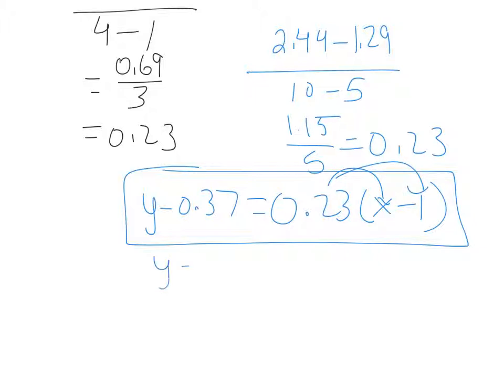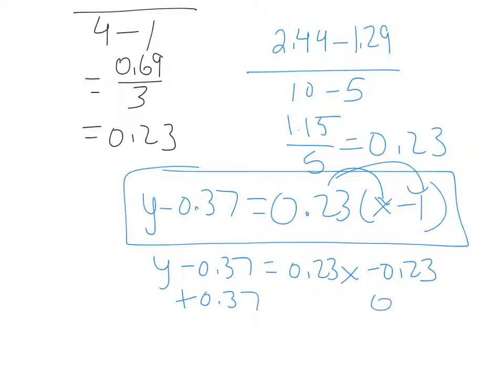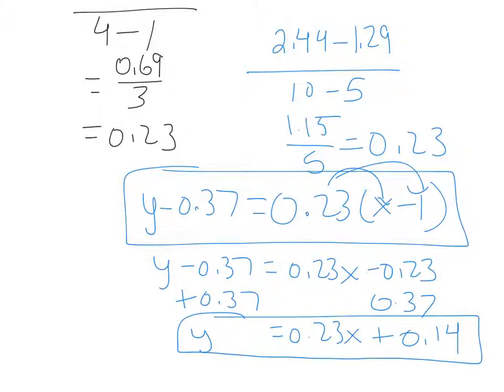You get y minus 0.37 equals 0.23x minus 0.23. Add the 0.37. Get y equals 0.23x plus 0.14. So there we go. See you guys in class.